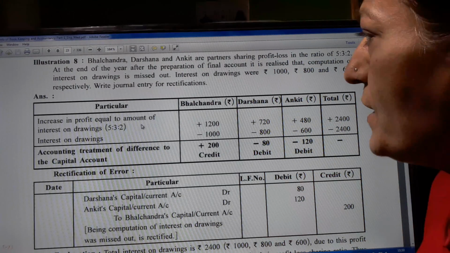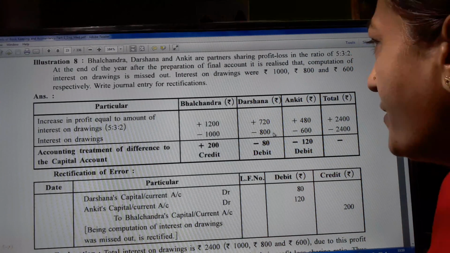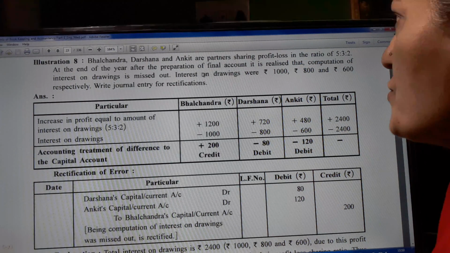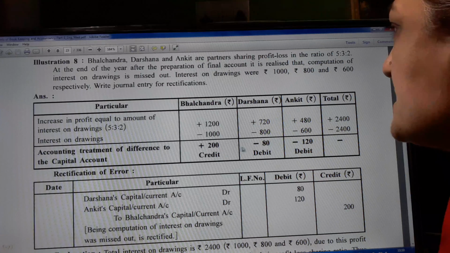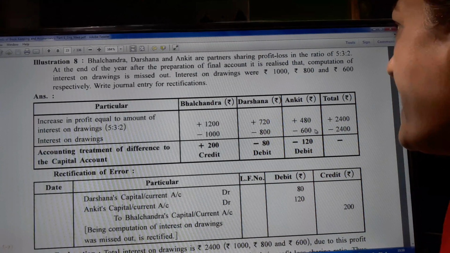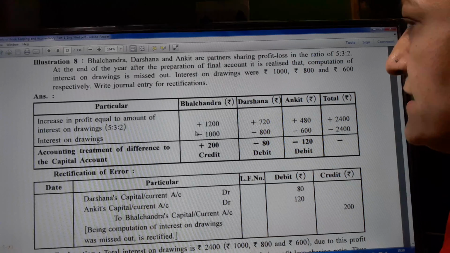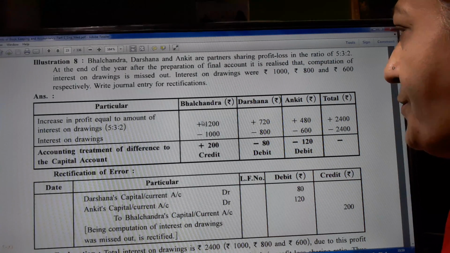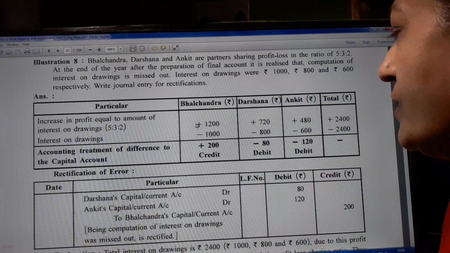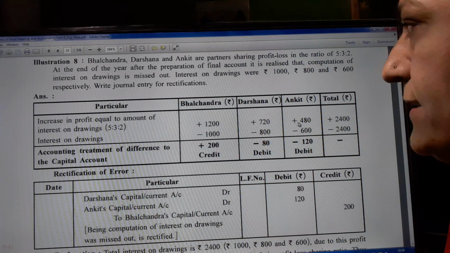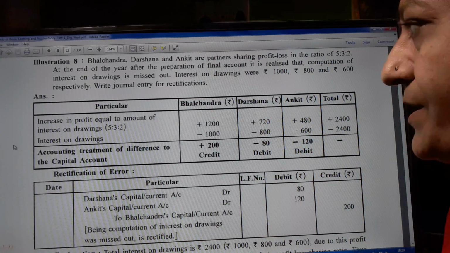The total amount is 1,800 and 600, so it is 2,400, and this 2,400 we distribute as per the ratio, then it is 1,200, 720 and 480.